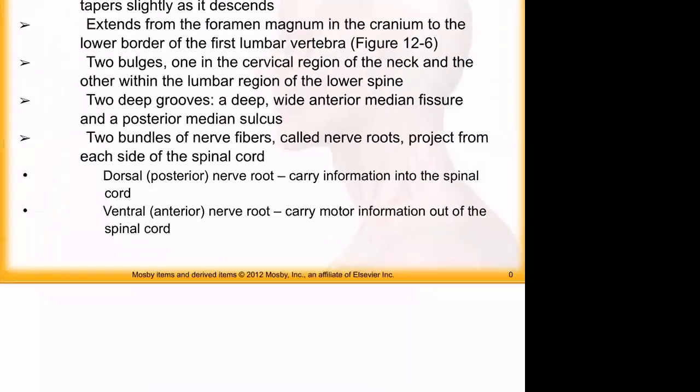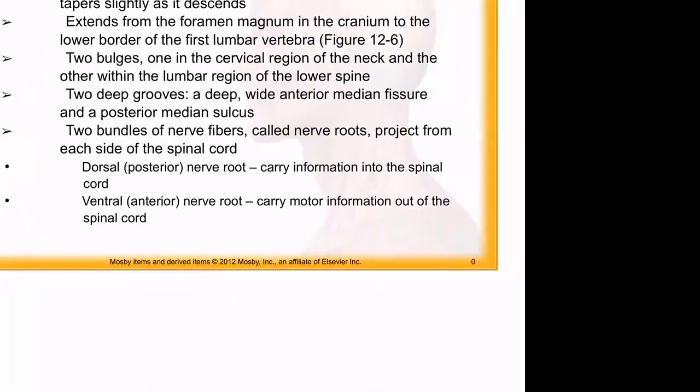And then if you look down here, 2 bundles of nerve fibers called nerve roots project from each side of the spinal cord, dorsal and ventral. Remember, dorsal, same as posterior, ventral, same as anterior. So these nerve roots are going to carry information into the spinal cord. This is incoming information. This is sensory information.